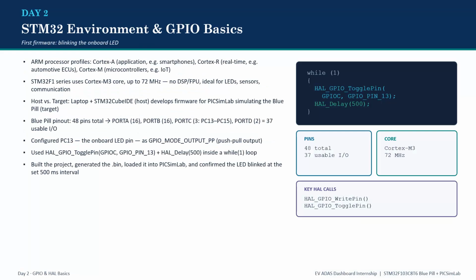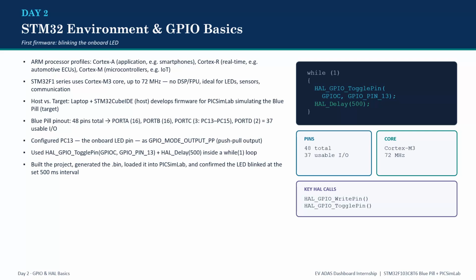On day 2, it was hands-on. First, some background: ARM has three main processor profiles. Cortex-A for high-performance application processors like smartphones, Cortex-R for real-time safety-critical systems like automotive ECUs, and Cortex-M for microcontrollers used in IoT and embedded control.